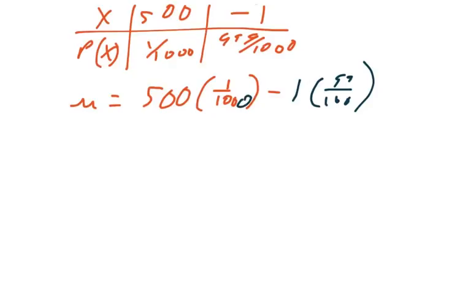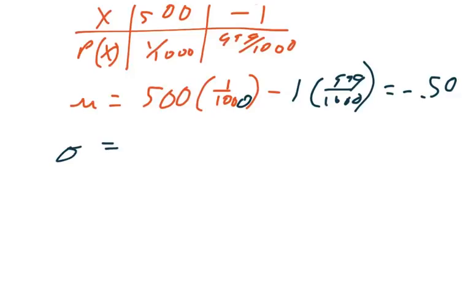Sorry, this should be 1,000 and 1,000 and 999. And we'll just round this off to be a nice even number. You're supposed to lose 50 cents every time you play.